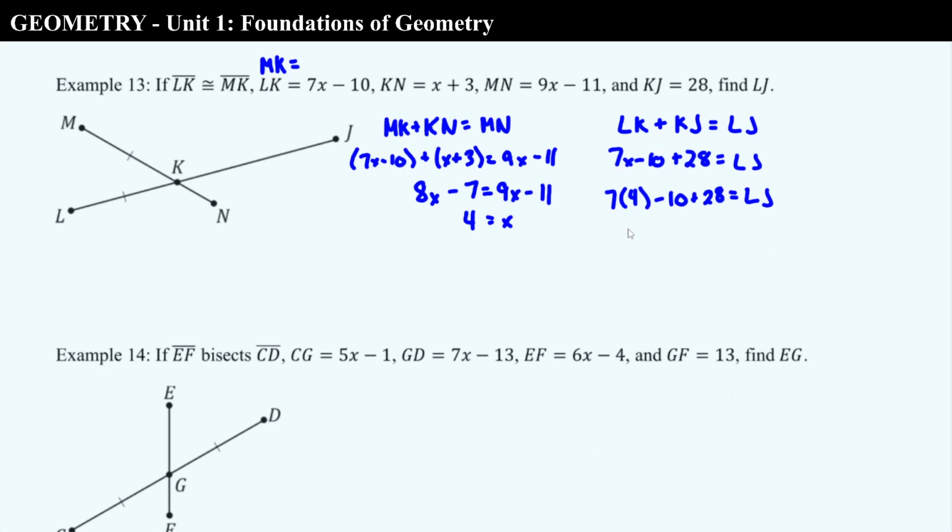7 times 4 is 28. And let's see here. We have 28 minus 10. That gives us 18.